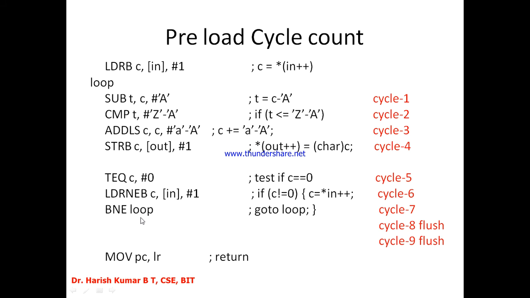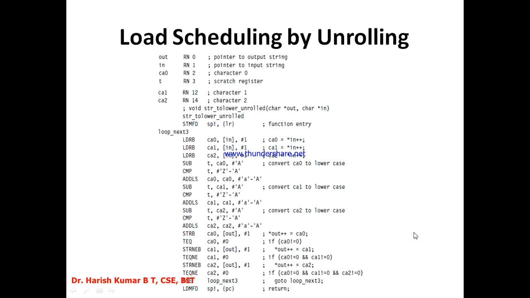Every time I'm avoiding BNE and repeating the same thing; the only thing is the program length will increase. Now I'm avoiding these 2 cycles. That is what we are doing here. We are unrolling.